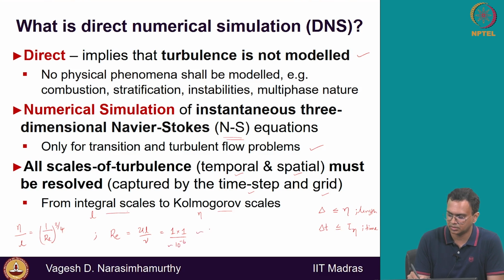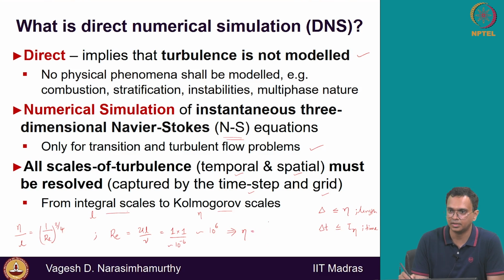Then this is usually a 1 million Reynolds number. So to compute a flow where the Reynolds number is 1 million, L is now 1. What would this eta be now? Can you calculate and tell me? What would eta be, the smallest mesh that you have to compute?